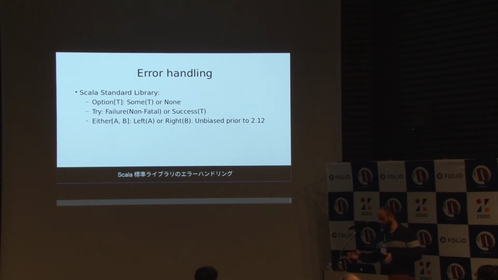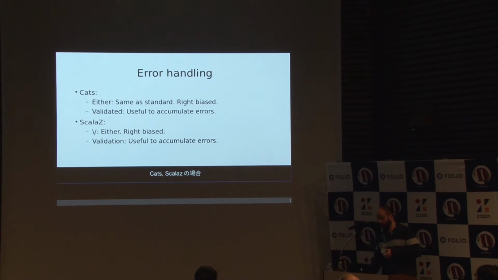Anyway, if you are interested in some more advanced Scala libraries, there is Cats and Scalaz. They both have similar types. They have Either, which is similar to the one from the standard Scala library, but this one is right biased, so you can chain it with other computations, do whatever you need.